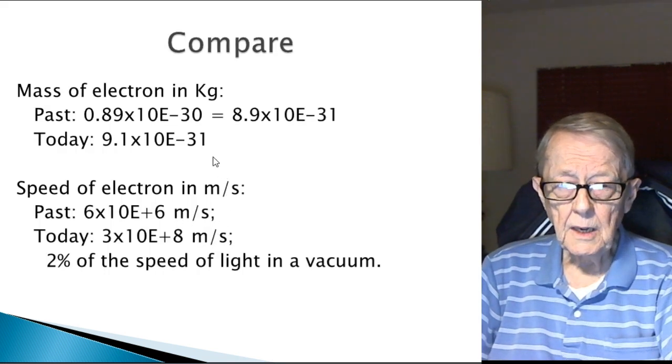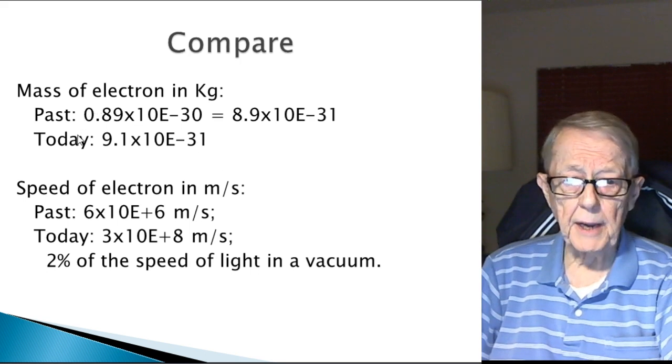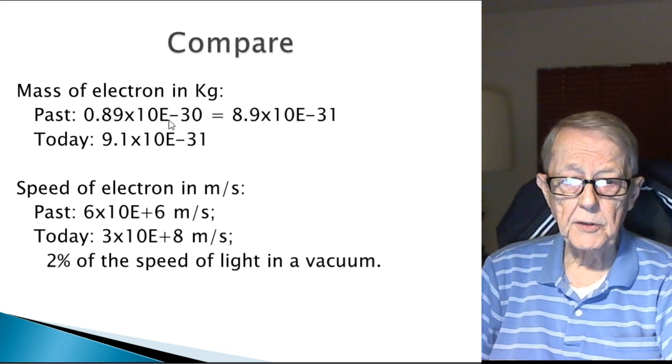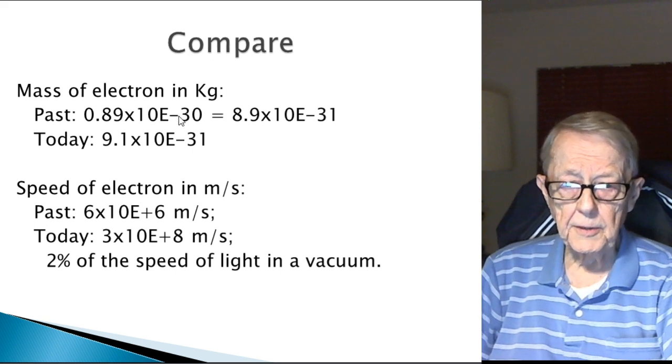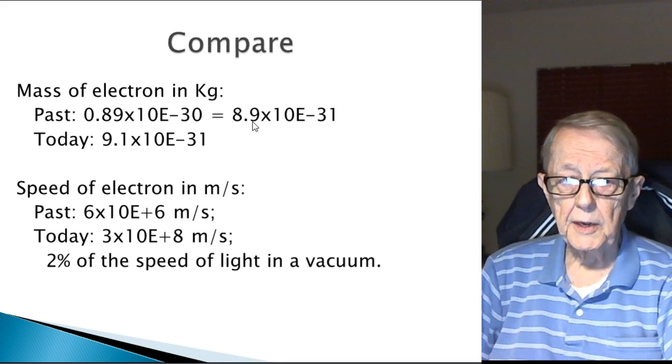So let's compare what they had back then in the past and what they have today. This is the number that was on the board, 0.89 times 10 to the E, where E means exponent, 10 to the minus 30th. If you multiply this by 10, you have to divide this by 10. So multiplying 0.89 by 10, you get 8.9 times 10 to the minus 31.